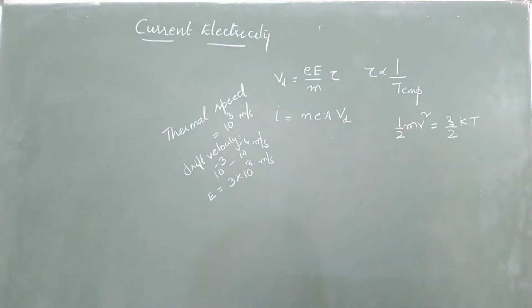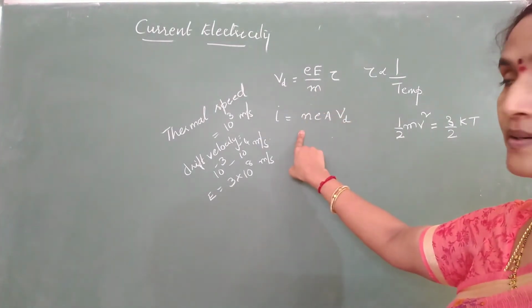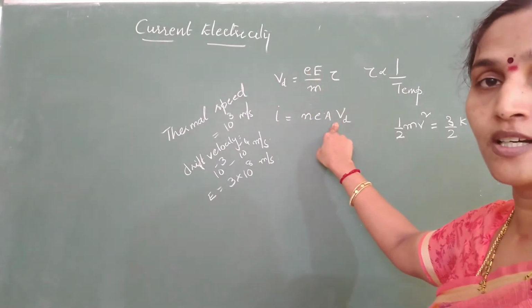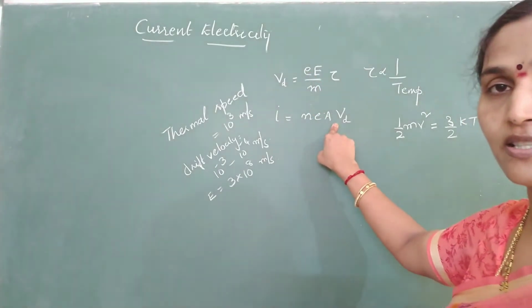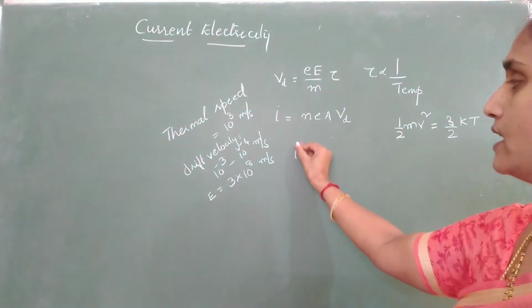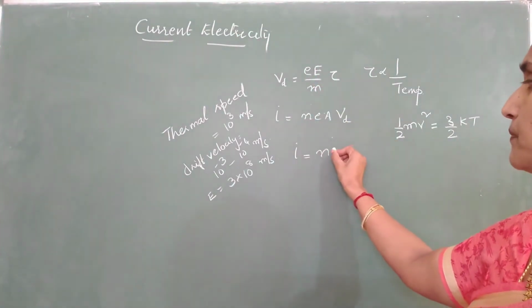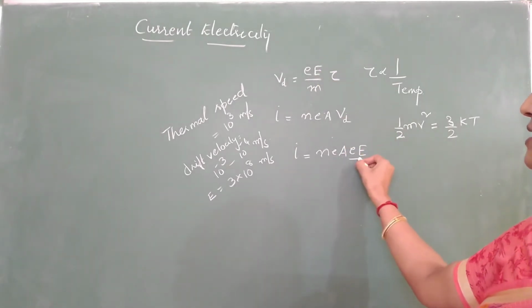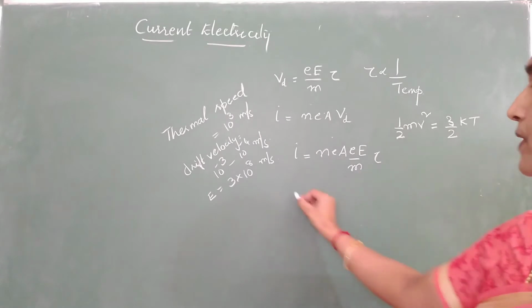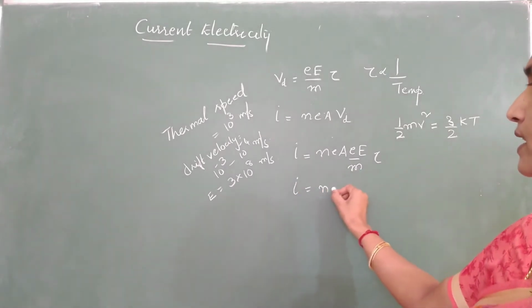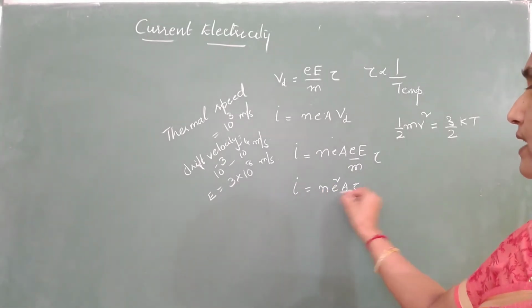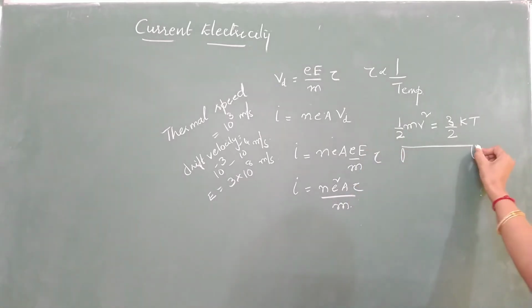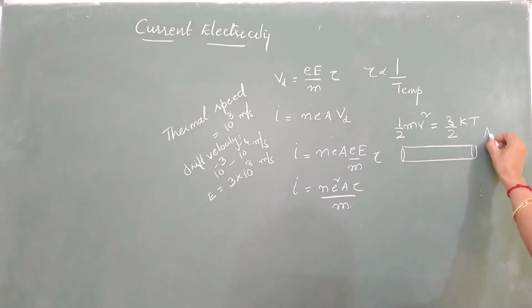Then coming back to drift velocity and electric current. If you substitute the value of vd from here, we can prove Ohm's law, resistivity, resistance and so on. If I write I is equal to N e A, replacing vd as e E by m into tau, I is equal to N e square A tau E by m, if it is passing through a conductor of uniform cross section.